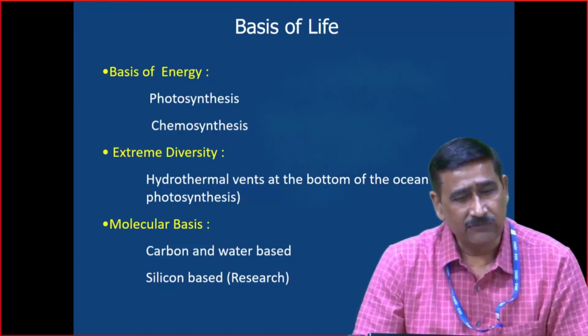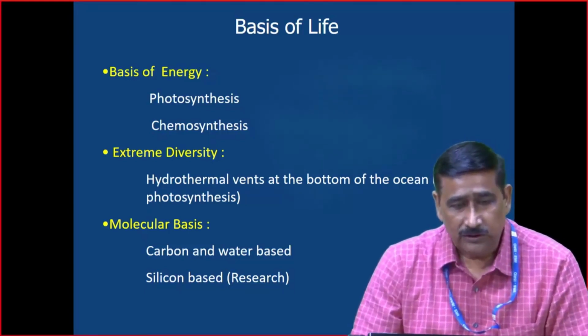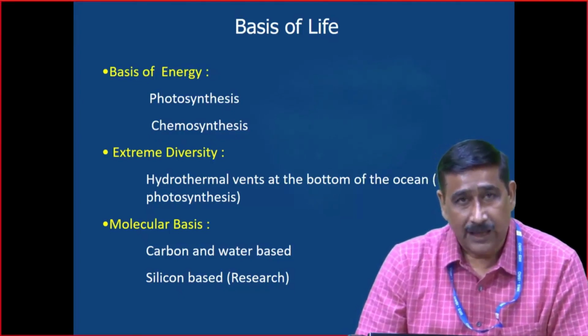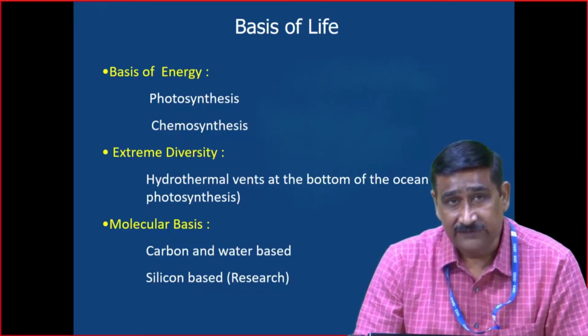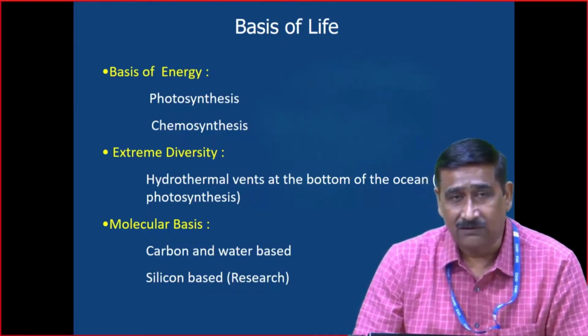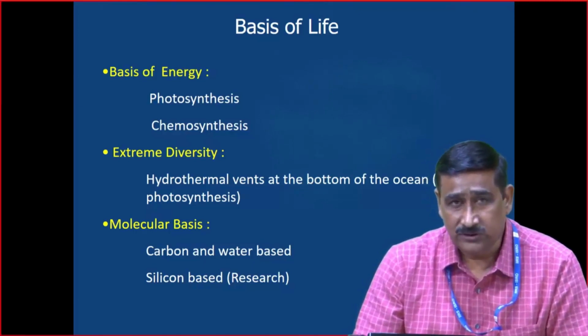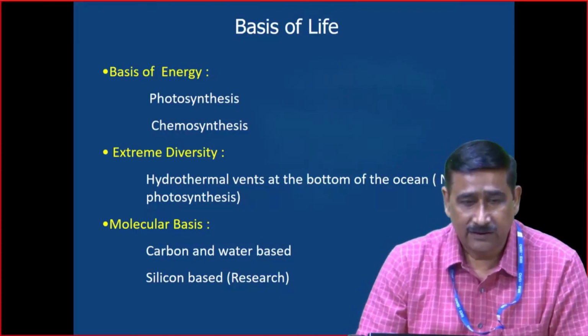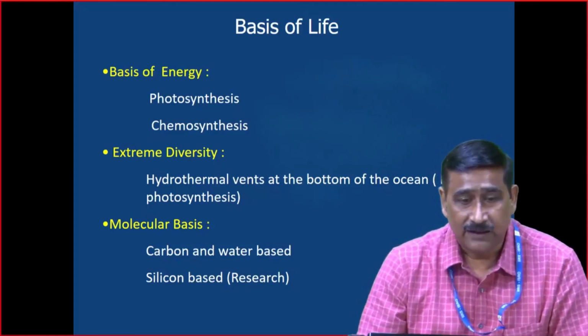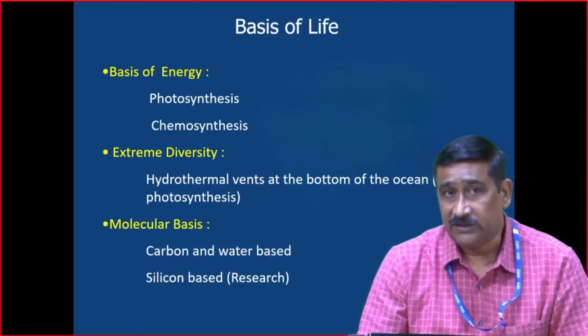We have extreme diversity. Do you know there are hydrothermal vents at the bottom of the ocean, and traces of life exist there? How can that happen when light cannot penetrate to that depth of the ocean? Obviously, there would be some other form of energy, maybe chemosynthesis or some kind of thermal energy.